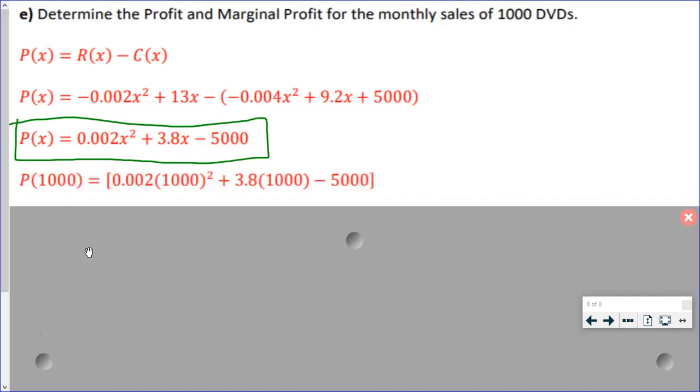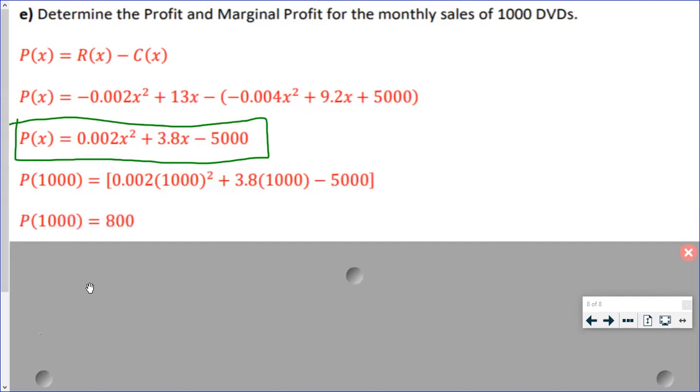To find the profit of the monthly sales, we would plug 1,000 DVDs into the profit function to get the profit for monthly sales of 1,000 DVDs.